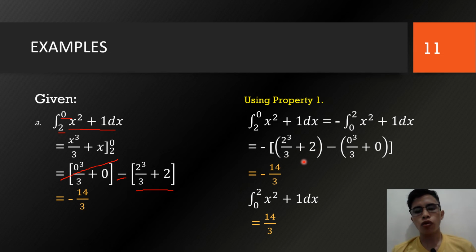Diba kanina, we have 2 raised to 3 all over 3 plus 2 minus 0 all over 3 plus 0. Okay, so we have now the value of this one will be equal to 14 over 3, then meron tayong negative. So therefore the value will be negative 14 all over 3.